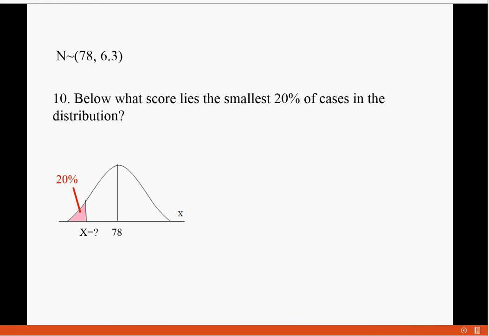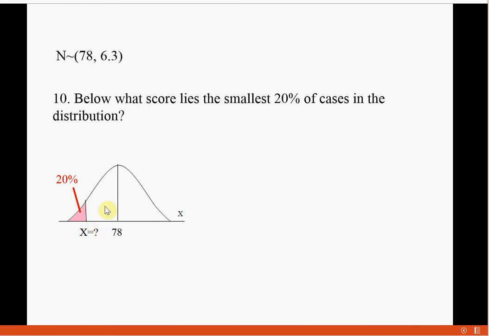What can we do? Well, in that table, the percentage shows the size of the slice from the middle of a distribution to a z-score. This is the slice. So we need to know the size of this slice, and based upon it, we can find the z-score that corresponds to this x value.